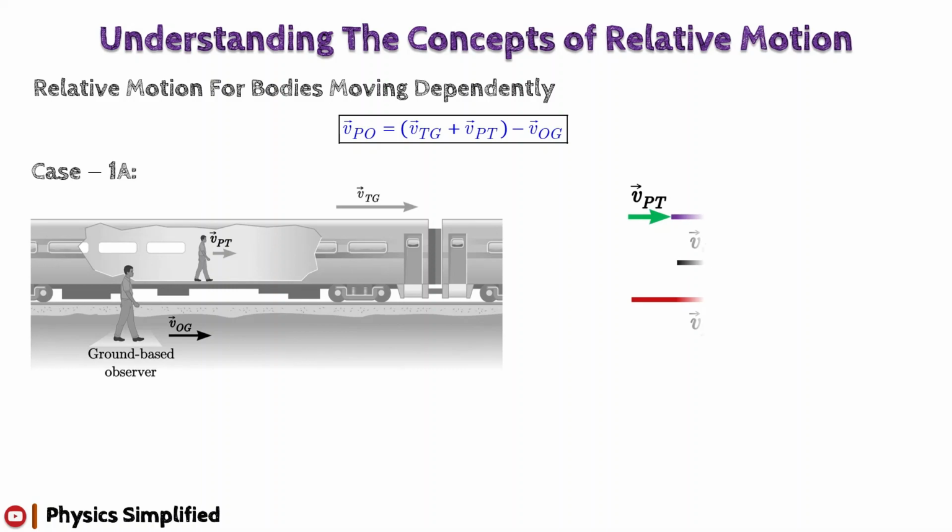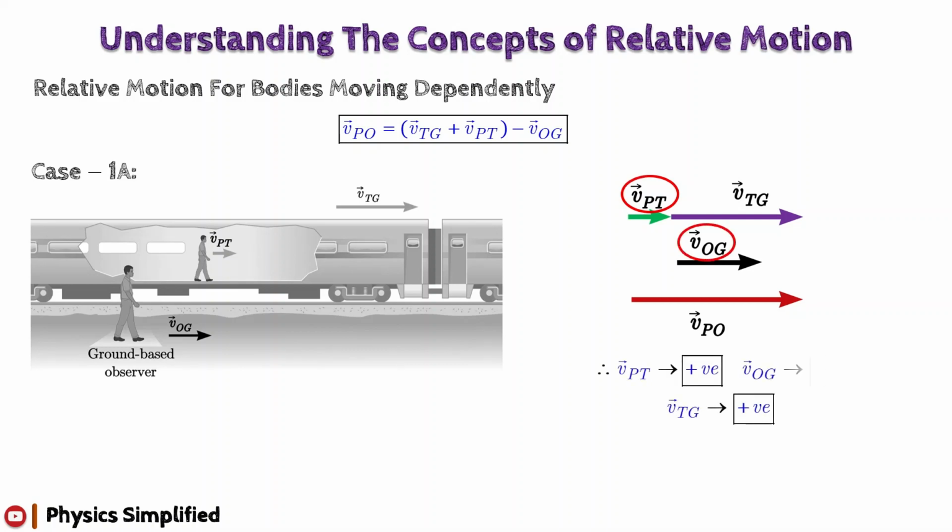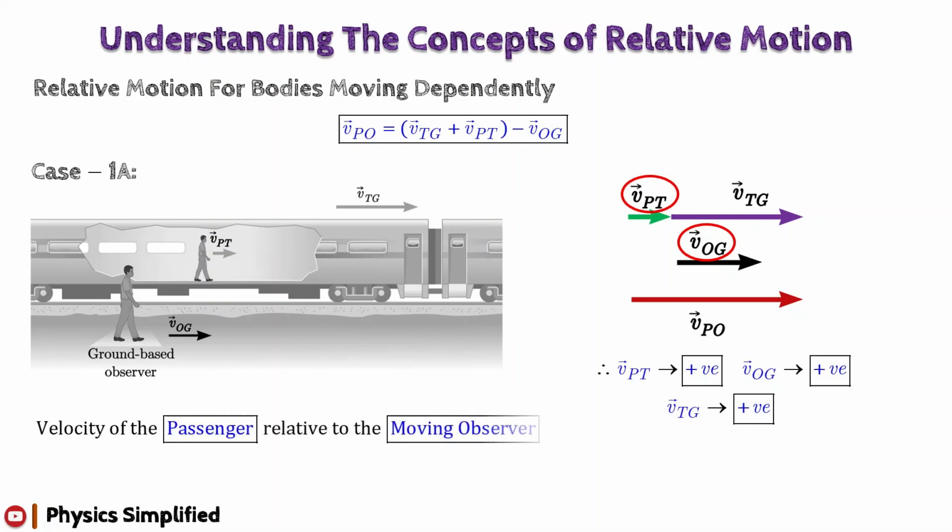By considering the direction of motion of the train as positive, from the corresponding velocity vector diagram we find that both the velocity of the passenger relative to the train, given by vector v suffix pt, and velocity of the observer relative to the ground, given by vector v suffix og, are positive. So, the magnitude of the velocity of the passenger relative to the ground-based moving observer is given by v suffix po is equal to v suffix tg plus v suffix pt minus v suffix og.